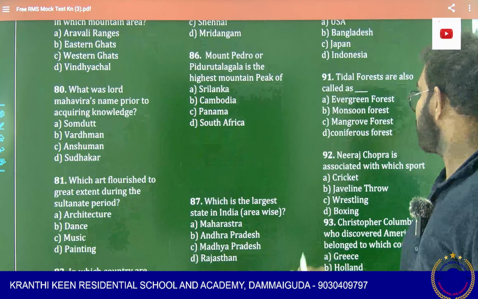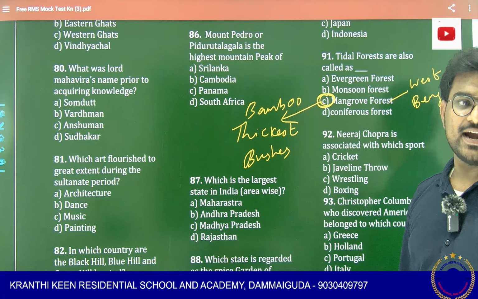The tidal forests are also known as mangrove forests. Mangrove forests are also called thickest bushes, with bamboo trees or bamboo plants, which are found more in West Bengal. In our Telugu states, we have a mangrove forest at Kakinada.